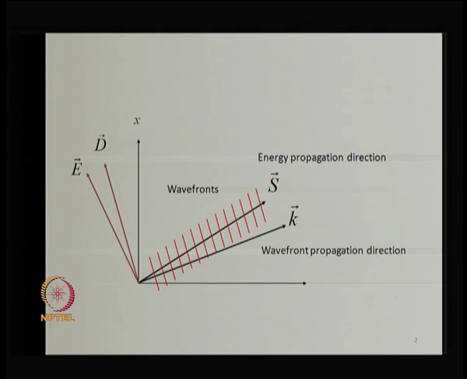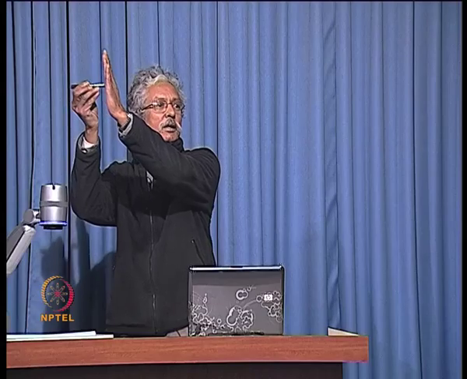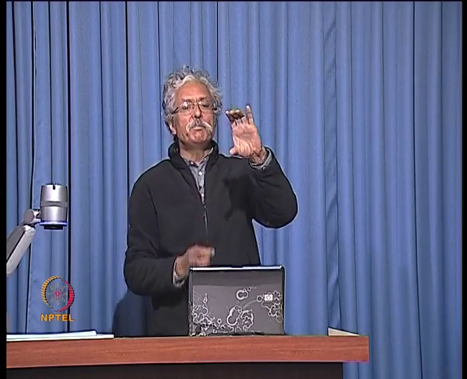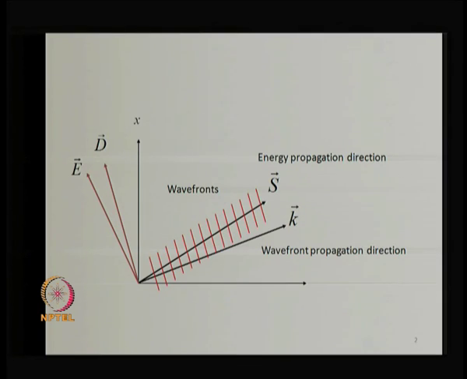K vector is always perpendicular to the wave front, because by definition k dot r is constant on the phase front. So, the phase front is like this. The k vector is like this, but the beam is propagating like this. If I had a finite cross section beam, it will be facing straight, but it will move at an angle. That is what I am trying to draw here. S vector shows me the direction of propagation of the energy. The red lines are not perpendicular to the S vector, they are perpendicular to the k vector.